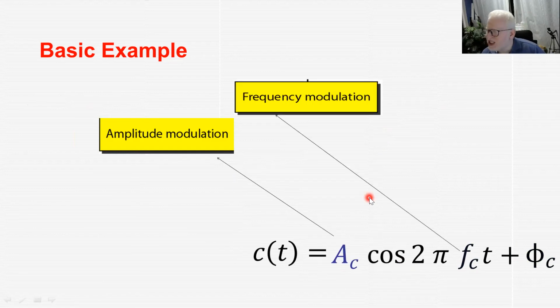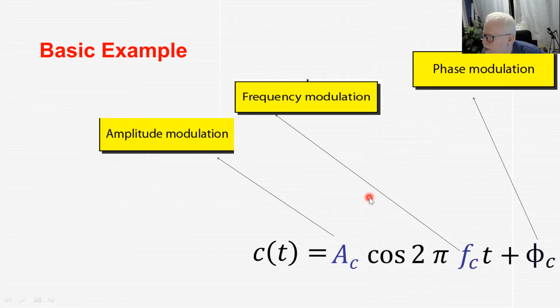If we make the message hidden in the frequency, the frequency will be time dependent. Do you believe it? The frequency will be a time dependent function. Then we call it frequency modulation. And if we make the message hidden in the phase, we call it phase modulation.